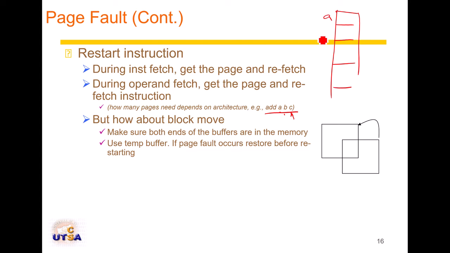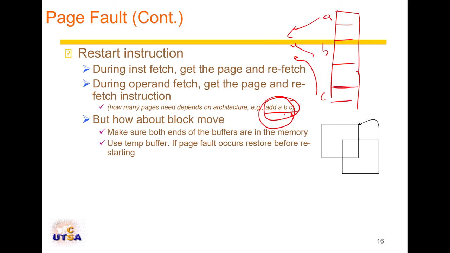Let's say A is somewhere here, B is somewhere here, and C is somewhere here. To be able to successfully execute this instruction, the system should be able to get all those pages into memory. Otherwise, it cannot execute that statement, right? So there are some minimum number of pages every program should be guaranteed so that it can run, but that depends on the architecture.